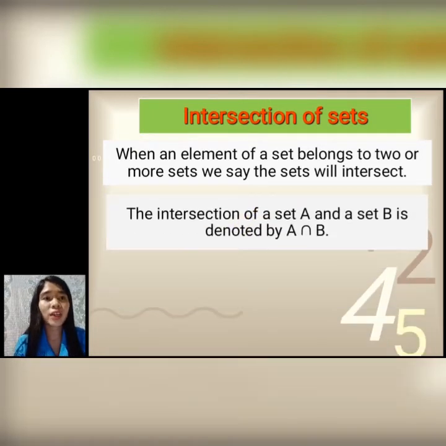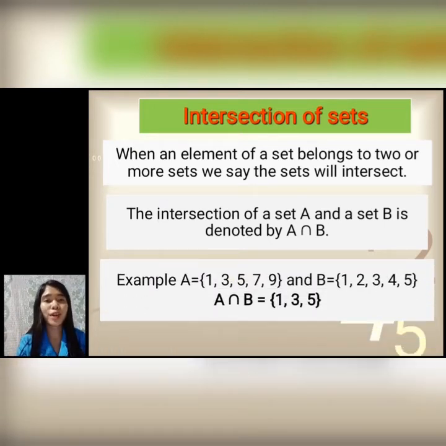The intersection of a set A and a set B is denoted as A intersection B. In union, we use capital letter U; in intersection, we use an inverted U. For example, set A is equal to the elements 1, 3, 5, 7, and 9, and in set B, we have 1, 2, 3, 4, and 5. So we get A intersection B.